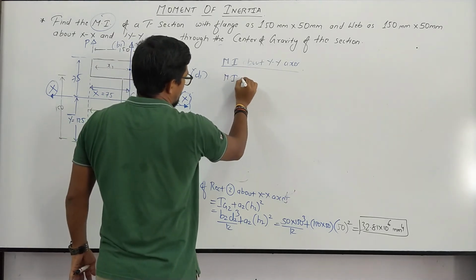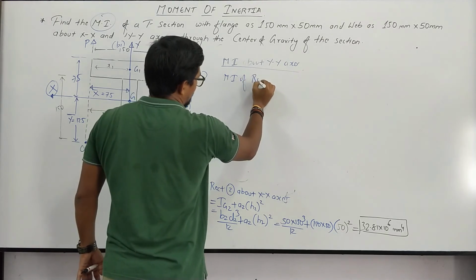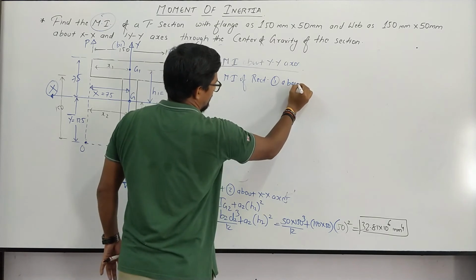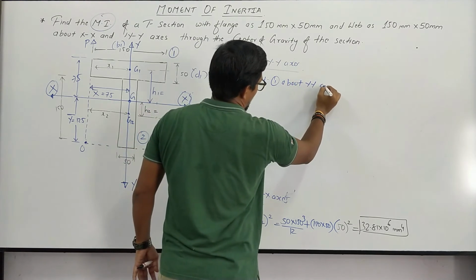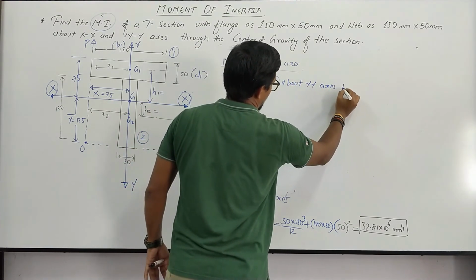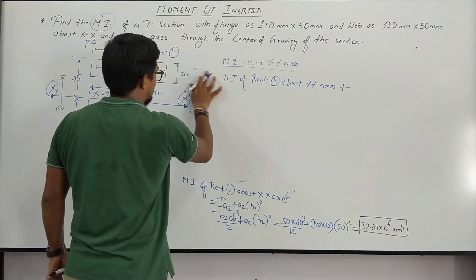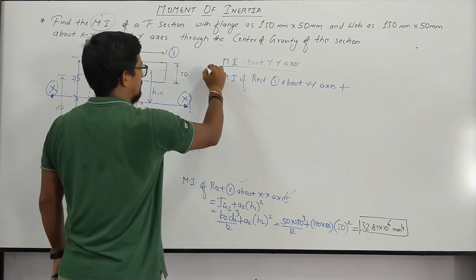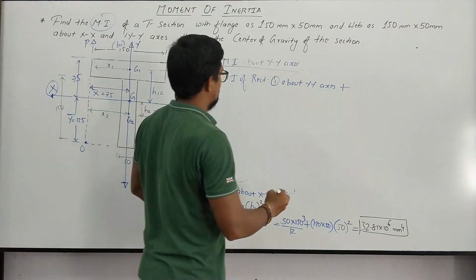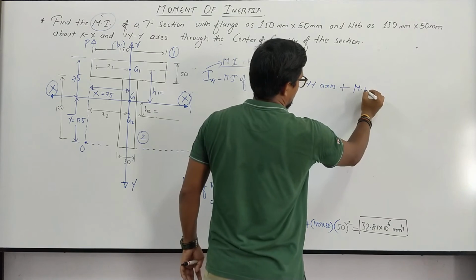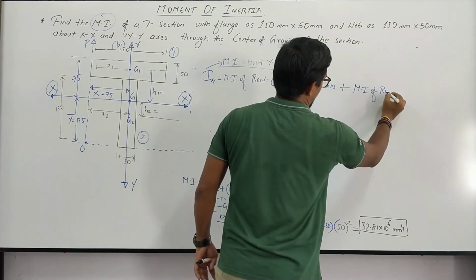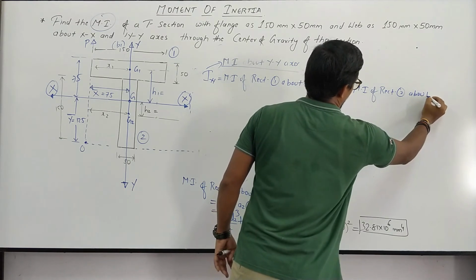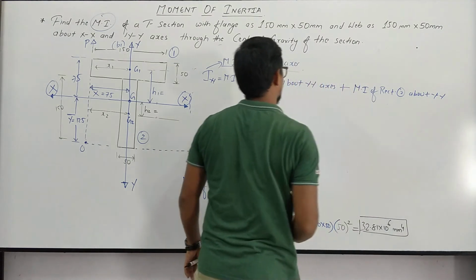moment of inertia of rectangle 1 about y axis, plus, I can write this as Iy is equal to, plus moment of inertia of rectangle 2 about y axis, correct?